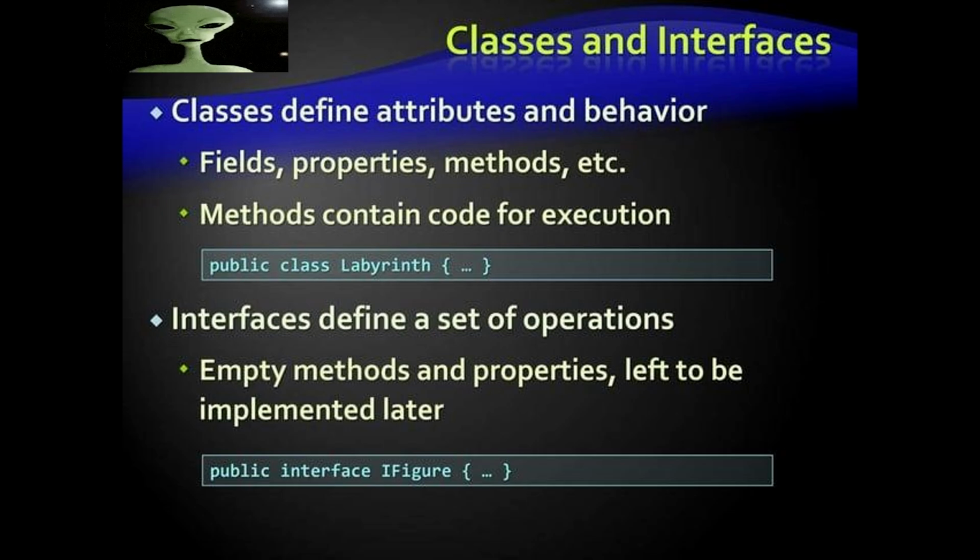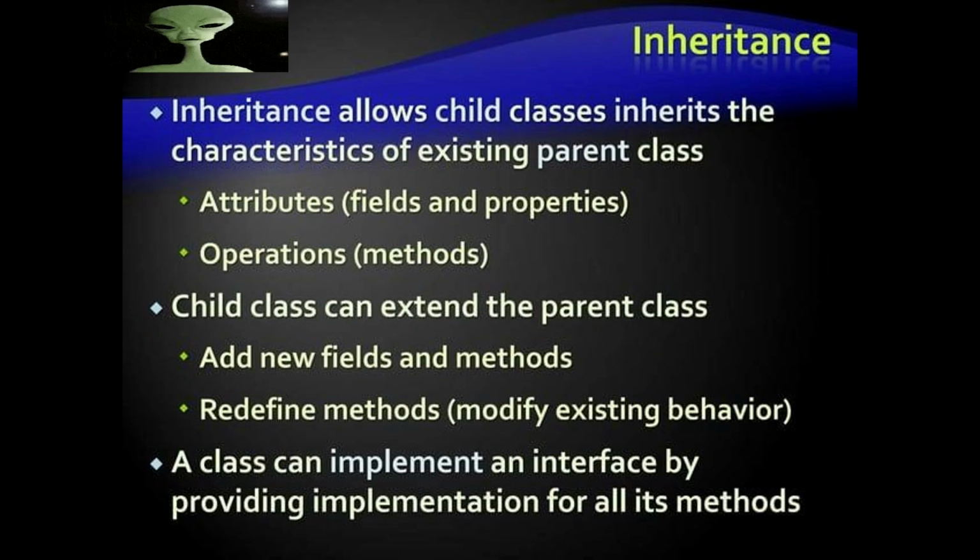With a class, you can have fields and properties that can be inherited by other subclasses or superclasses, and have methods and properties drawn from them. Interfaces, however, define a set of operations that can be shared by classes that implement them.